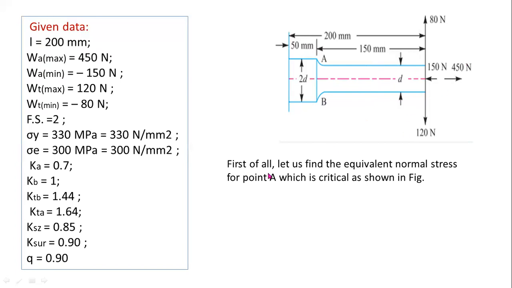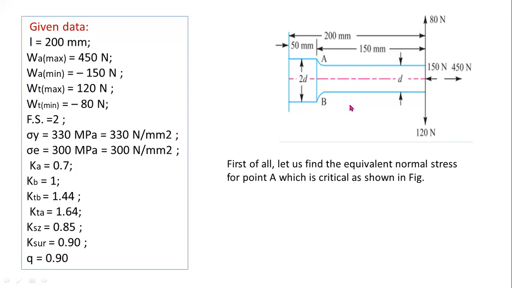So first of all, let's find out the equivalent normal stress for point A, which is critical. Here this is the stress riser. Chamfers or fillets or sudden changes in dimensions are the stress risers.